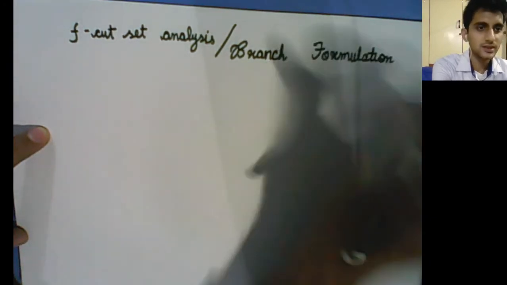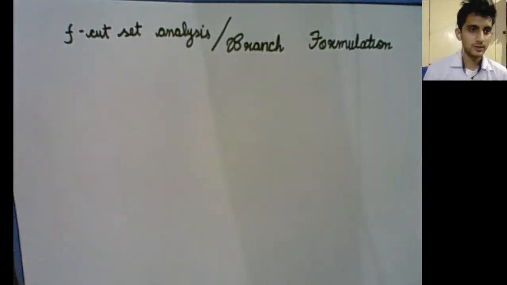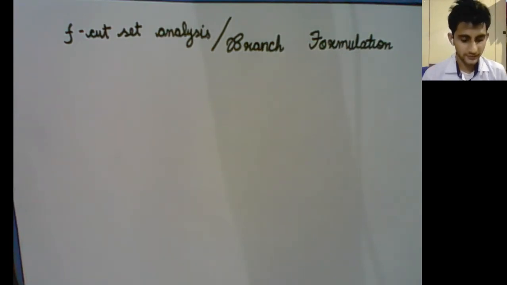And it is actually the counterpart of the chord formulation or the F circuit analysis which we have done. There we were dealing with the KVL equations or the mesh equations, therefore we were interested in link currents. Here we will be interested in tree voltages.